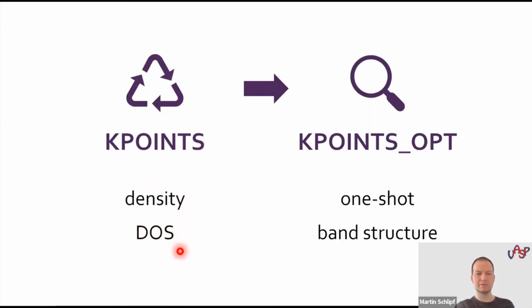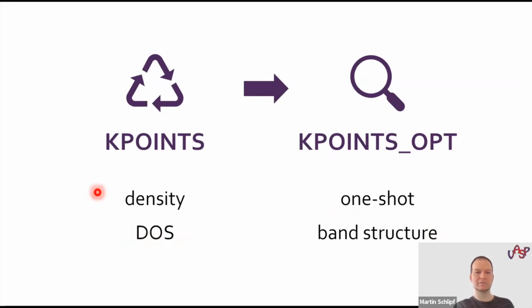But then after this is converged, we will do a non-self-consistent run with a separate KPOINTS file. And this is the KPOINTS_OPT file. So it's an optional k-point mesh that you only use in a one-shot calculation. So you might use this for effective masses, but perhaps the most common application of this we expect will be band structure calculation.